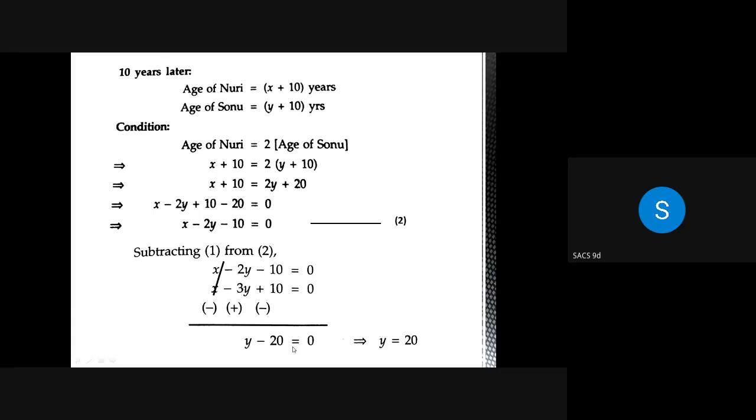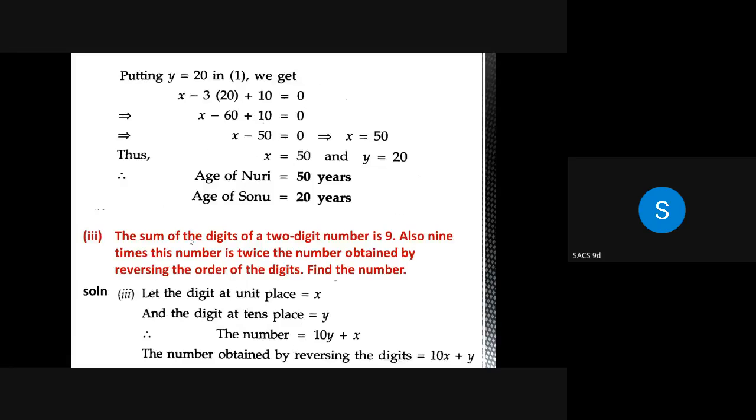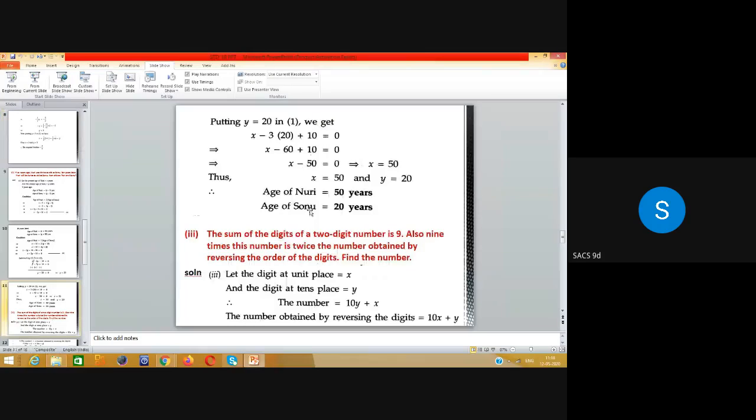So y is 20. And putting y equal to 20 in equation 1, I will get the x value, that is x equal to 50. So I have taken Noori's age as x years, so Noori is 50 years old, and Sonu's age I have taken as y years, so Sonu is 20 years old. These are the values.